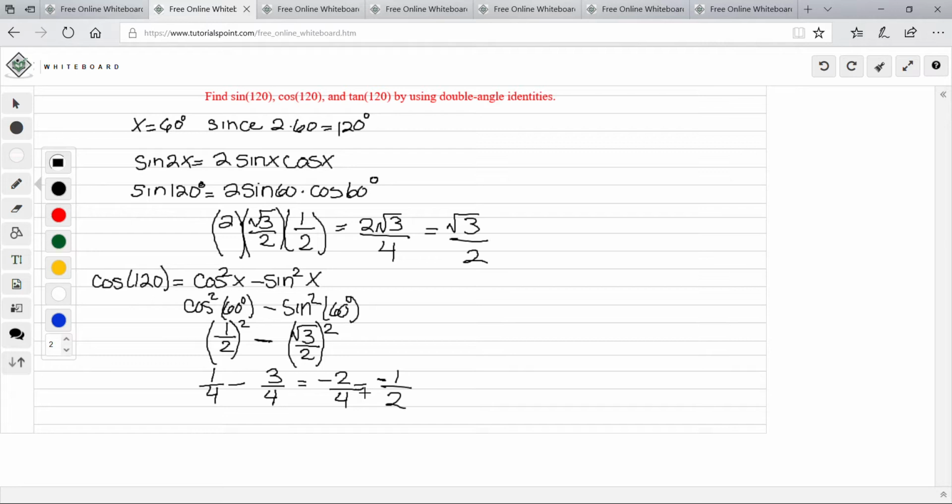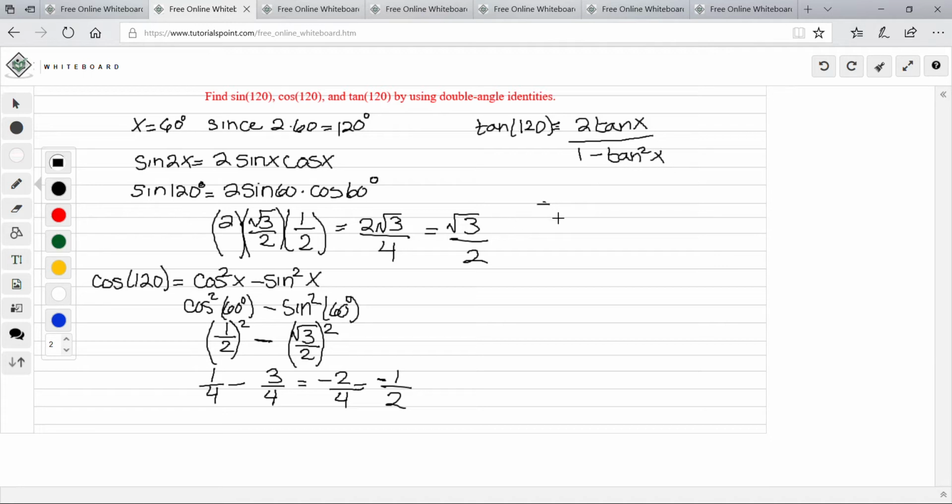So we did the sine and cosine, now we got to do the tangent of 120. So I'm going to use this double angle formula, 2 tangent x over 1 minus tangent square x.